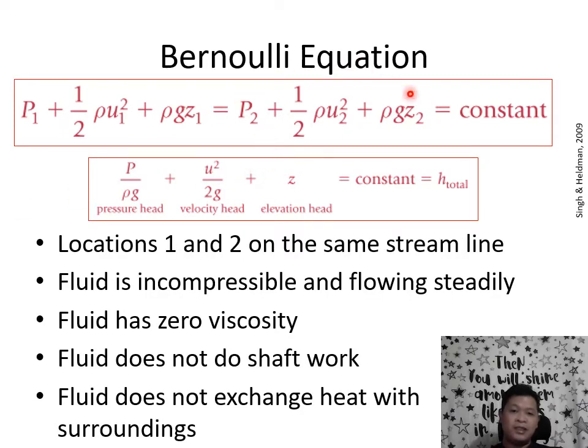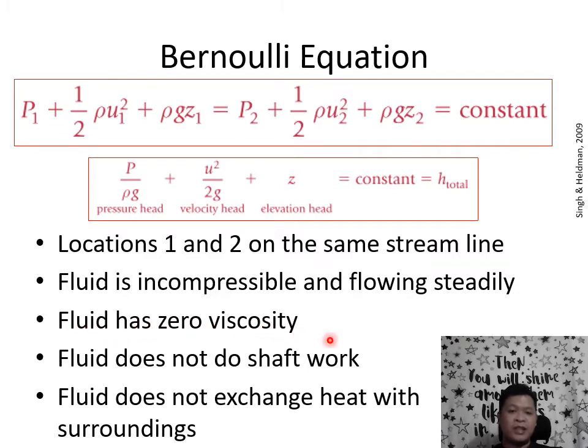So in this case, yung 1 and 2 na sinasabi dito, we could assume this to be different locations on the same streamline doon sa iyong pipe. We assume that the fluid is incompressible and flowing steadily. Although in this case, we assume that the fluid has close to zero viscosity, and therefore this does not account for viscous forces per se in its original form.